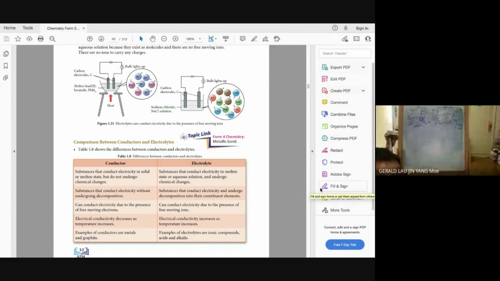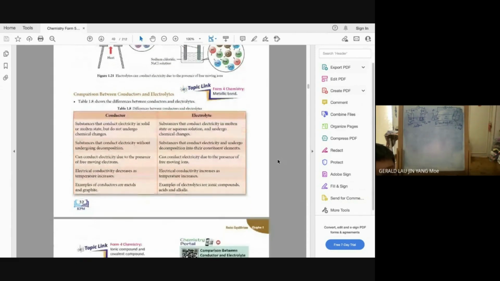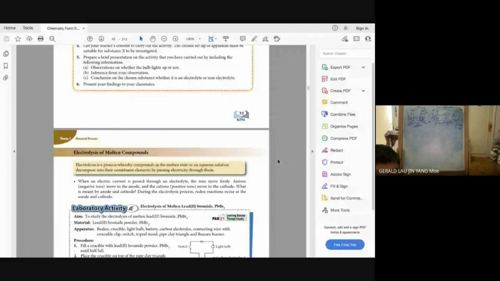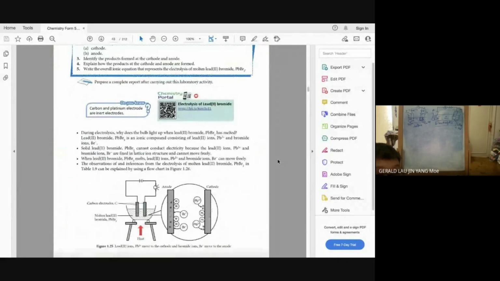Substances that conduct electricity in solid or molten state are conductors, but electrolyte is a substance that conducts electricity in molten or aqueous state. Metals and graphite are examples of conductors. Electrolytes are ionic compounds and acid, alkali.